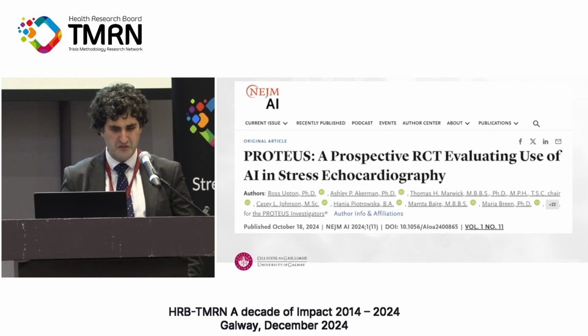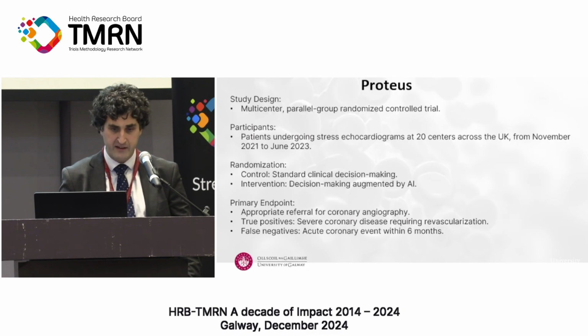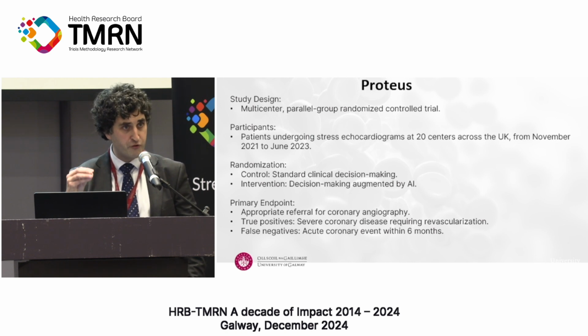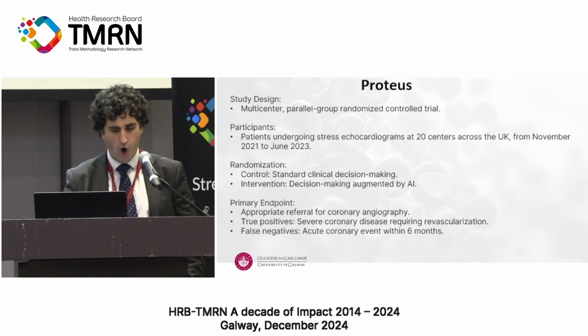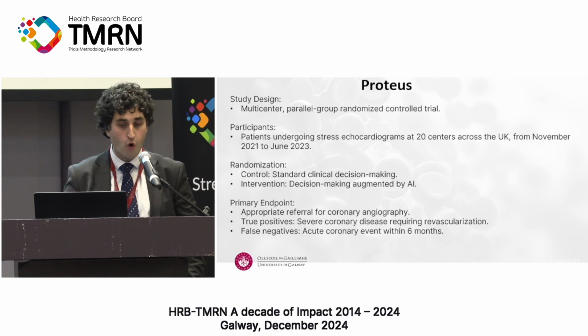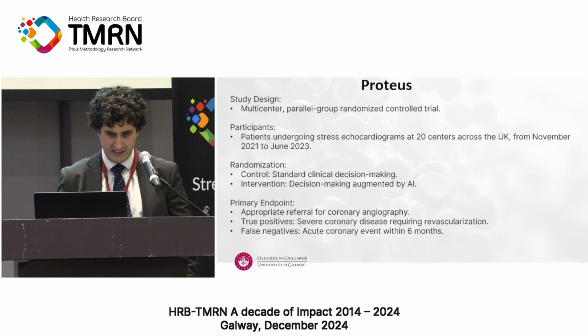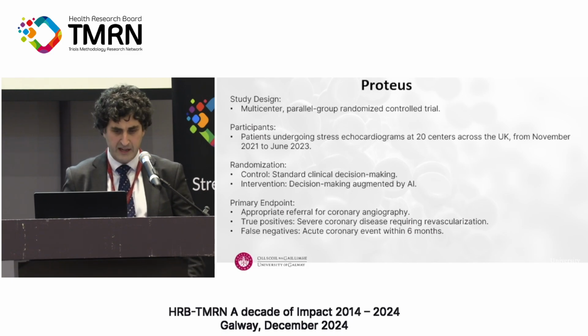So there's an excellent new journal called NEJM AI, the New England Journal of Medicine AI, and this was a trial that came out in October called PROTEUS, a prospective RCT evaluating the use of AI in stress echo. This was a UK group that randomized people to decision making for stress echo, and that was augmented by artificial intelligence, or the control group was standard clinical decision making.